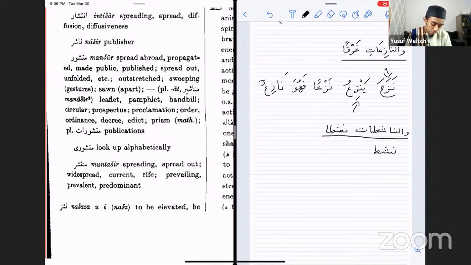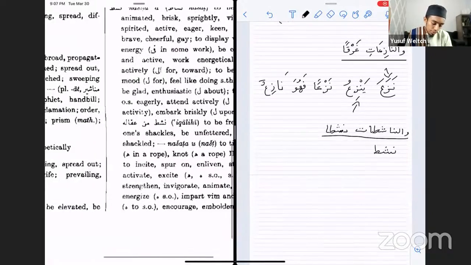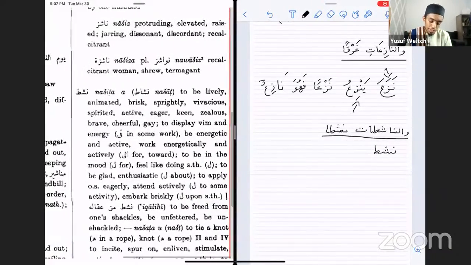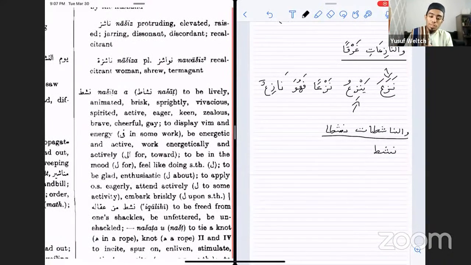Since it's form 1, we need to know how to pronounce it in the past, how to pronounce it in the present, what the root noun is, and then obviously what the meaning is. So how do I pronounce it in the past tense? Nashita. Good.